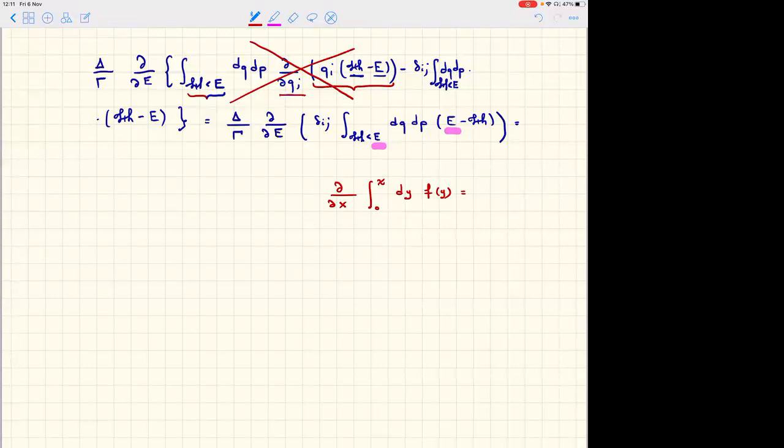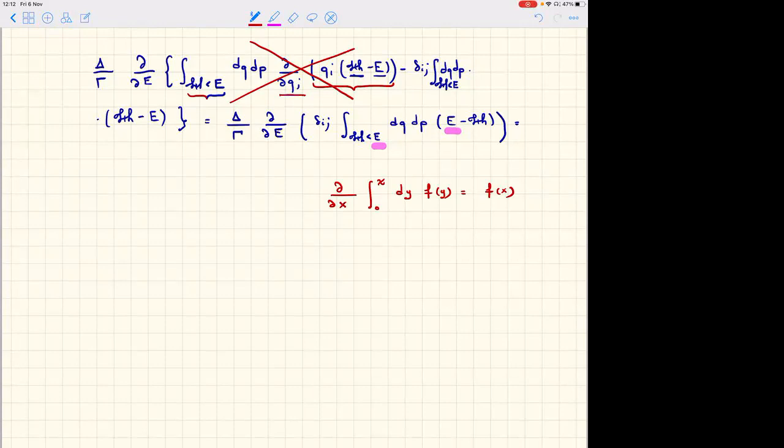It's f evaluated in x, f of x, plus the integral of dy d/dx of f of y.